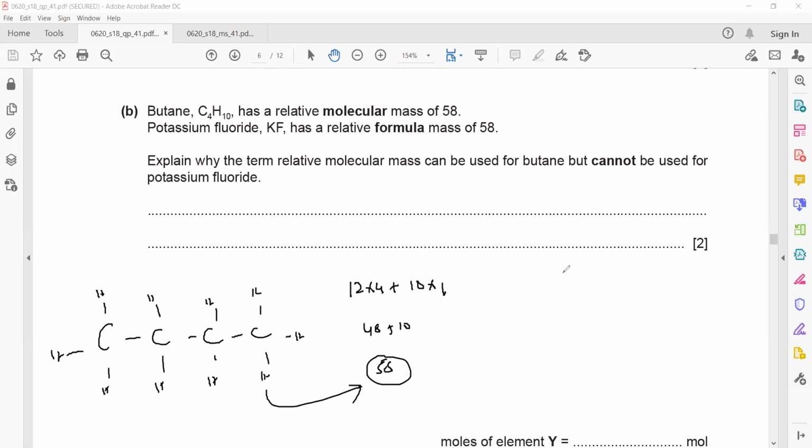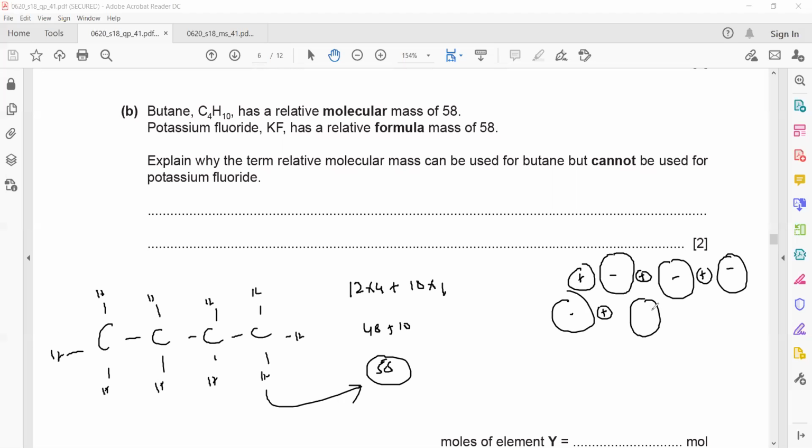But when we say potassium fluoride, potassium fluoride is an ionic structure. An ionic structure has a lattice, with one potassium ion, then a fluoride ion, then potassium, then fluoride, and this repetition continues. So we are not finding the mass of the whole structure, we are only finding the mass of the simplest ratio of the ions present in the structure.